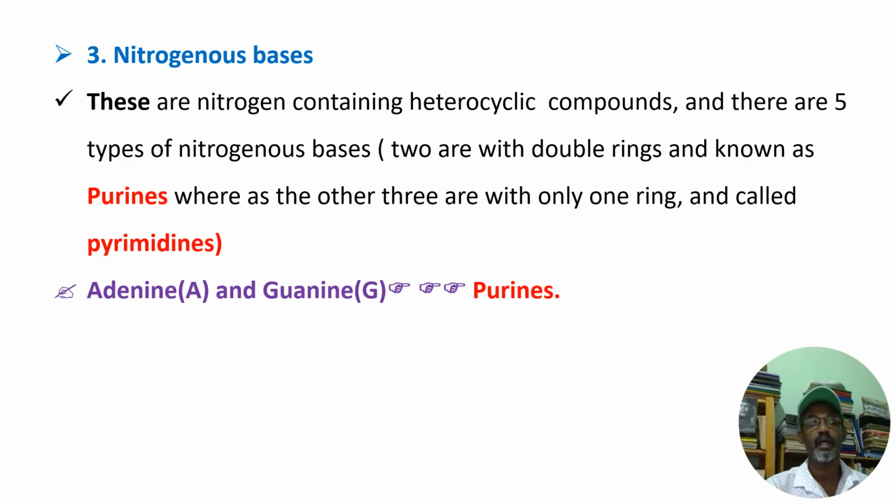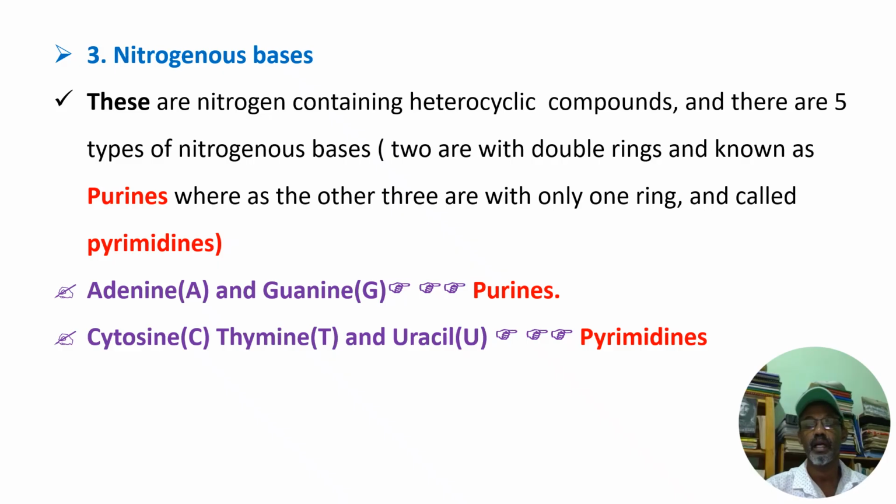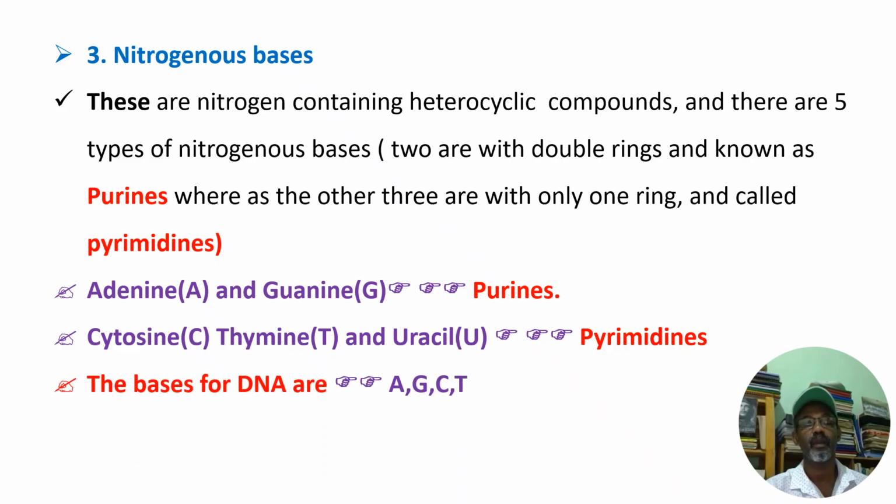You can see adenine and guanine are purines, and cytosine, thymine, and uracil are pyrimidines. And the bases for DNA are, as we have told earlier, AGCT. They are known by their capital letter symbols, AGCT: adenine, guanine, cytosine, and thymine. And the bases for RNA are AGCU.